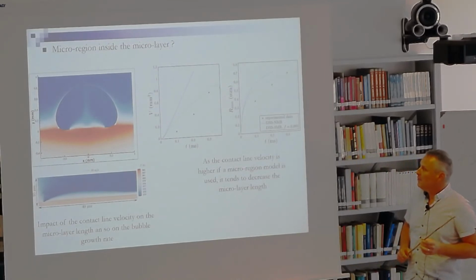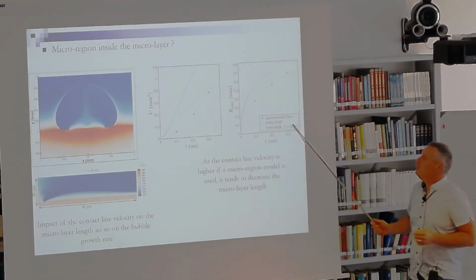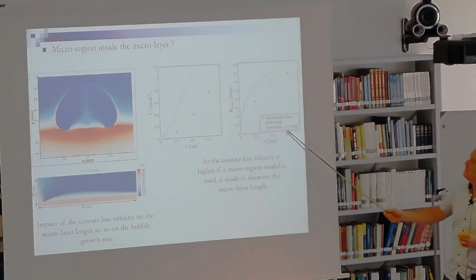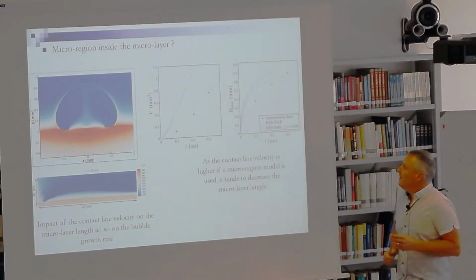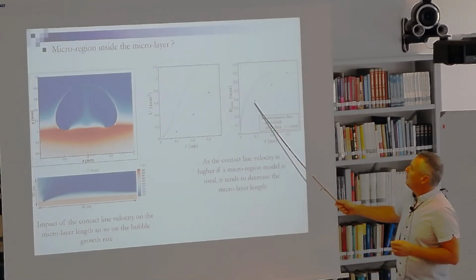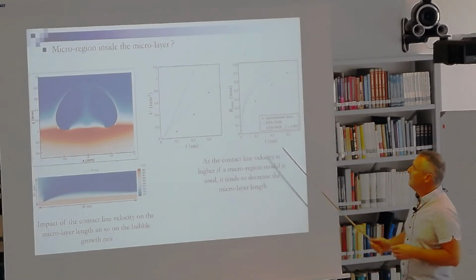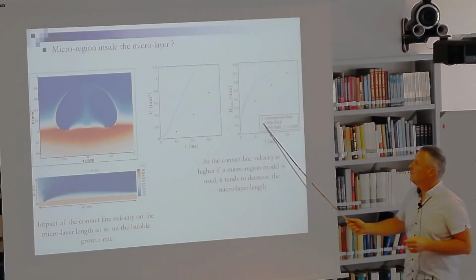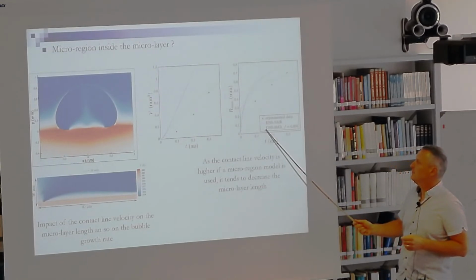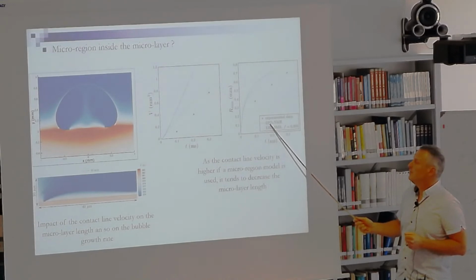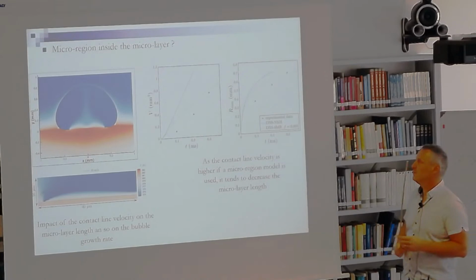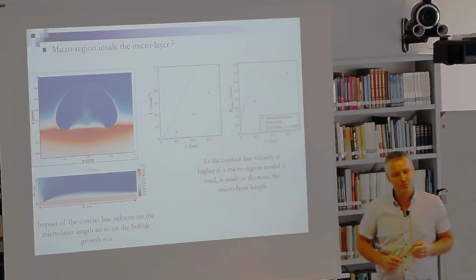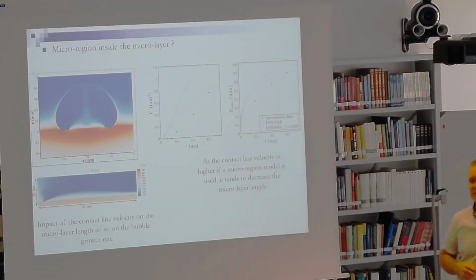And we undertake some comparison with the experimental data of Mattia Bucci, your brother, the black point. And here, the blue curve is the DNS without microregion, just a simple DNS without accounting for the microregion, but we can say that it corresponds to a DNS with an accommodation coefficient of 0.